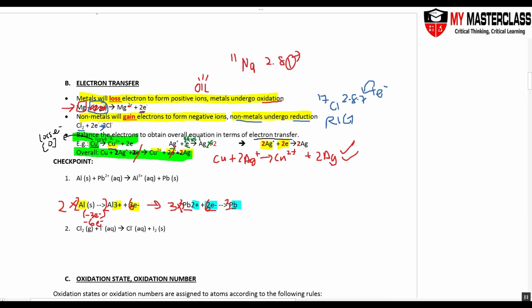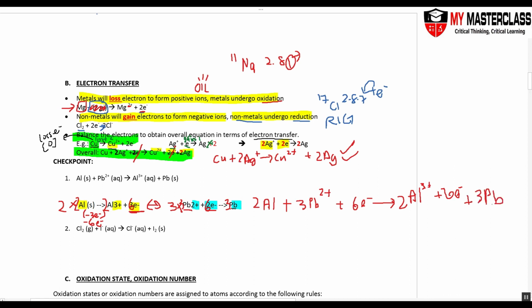Combine these two equations together: 2Al plus 3Pb2+ plus 6 electrons give you 2Al3+ plus 6 electrons plus 3Pb.